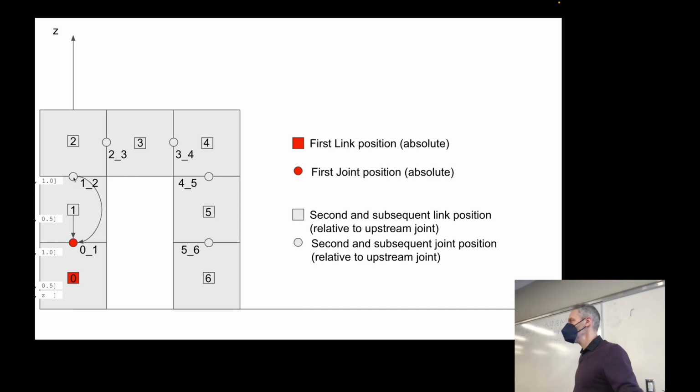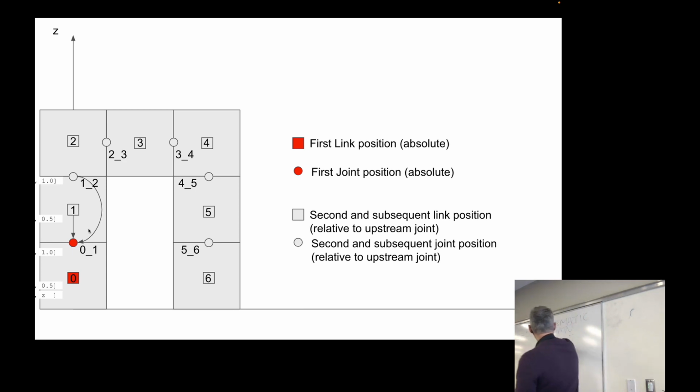Here's its position. The position of this new joint that we're adding also has a relative position because it also has an upstream joint, which is represented by this black curved arrow here, right?